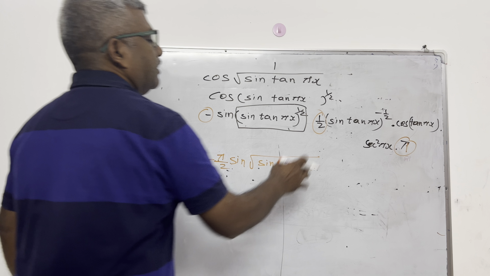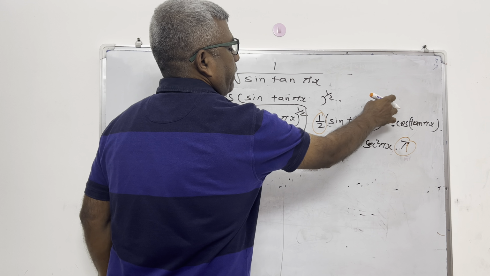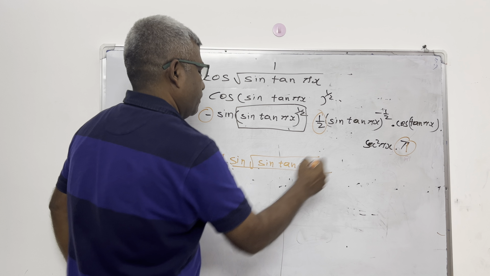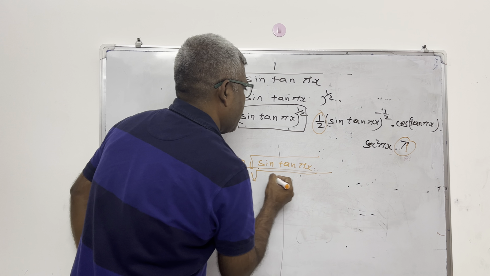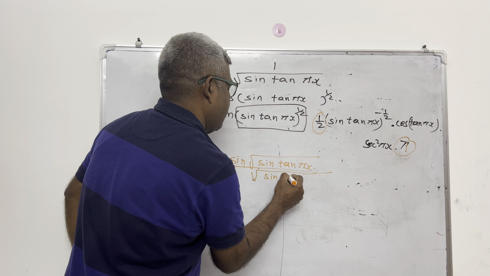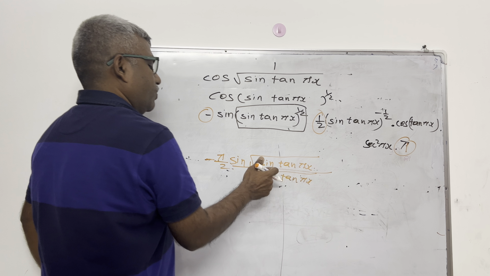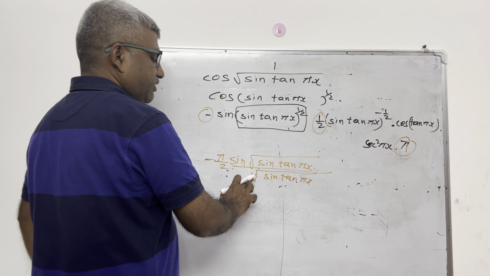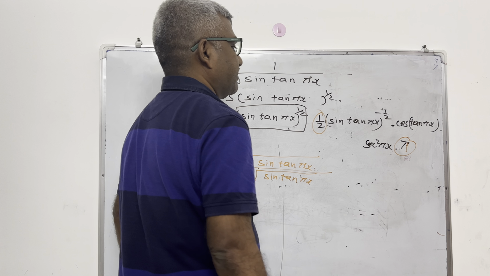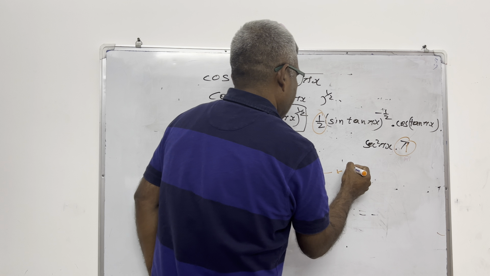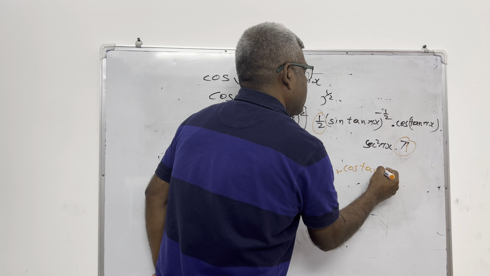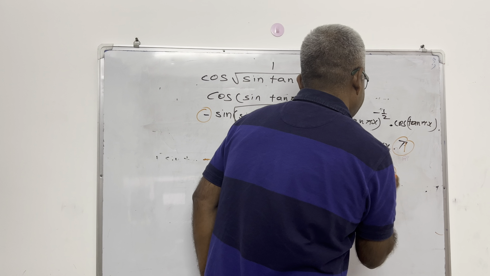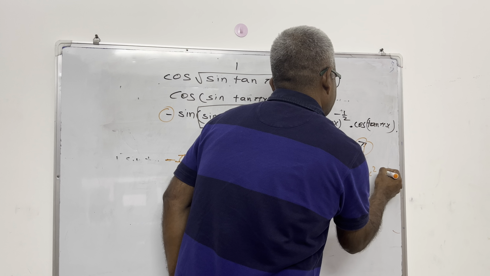Then this sine tan pi x power minus half, if it goes to the denominator, it will be plus half. So we can write square root of sine tan pi x. Don't cancel this one, because it is a sine square root of sine tan pi x. This is a simple square root of sine tan pi x. Then cos tan pi x, secant square pi x. That's all.